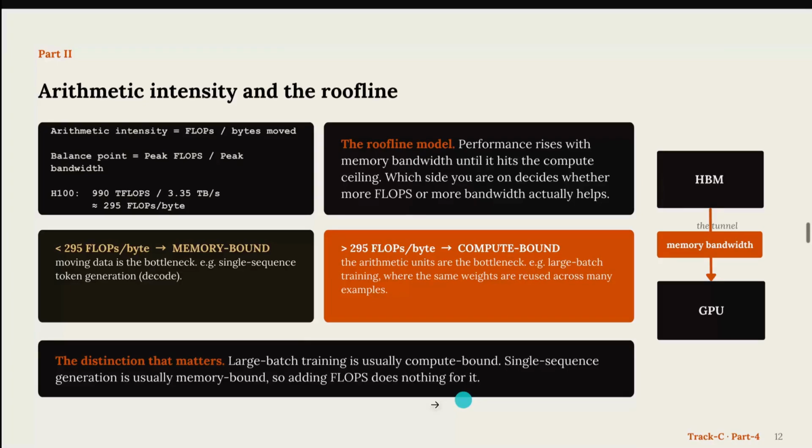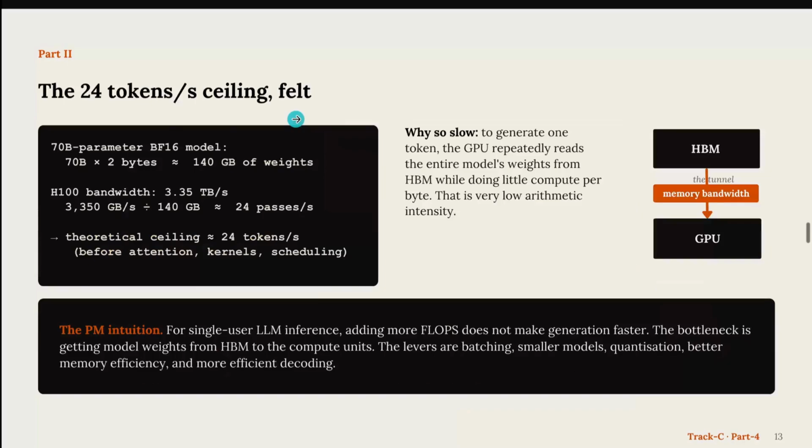Let's take an example of how we hit a 24 tokens per second ceiling. Imagine a 70 billion parameter model with floating point 16 operations, so 2 bytes each. 70 billion times 2 bytes is approximately 140 GB of weights. That much weight we are going to read. H100 has a bandwidth of 3.35 terabytes per second.